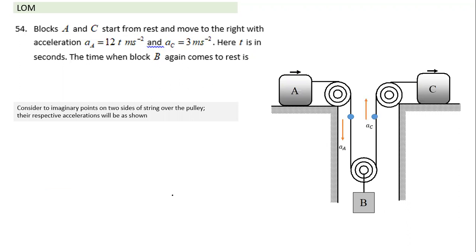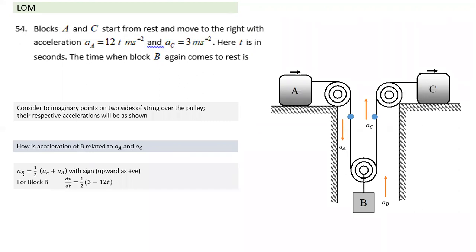Now let's form an equation. These are the accelerations AA and AC, these are the two points. Now what is the equation? How is the acceleration of B related to AA and AC? This relationship is AB equals half of AC plus AA, with sign convention. And for all three we have to use the same convention. So I have taken upward as positive, and I have written AB as dV by dt, because this question relates to velocity also.